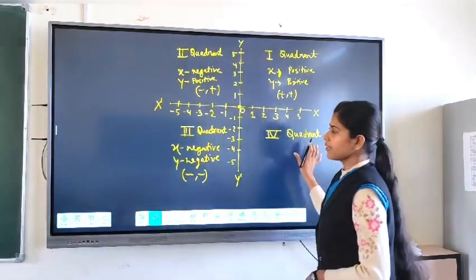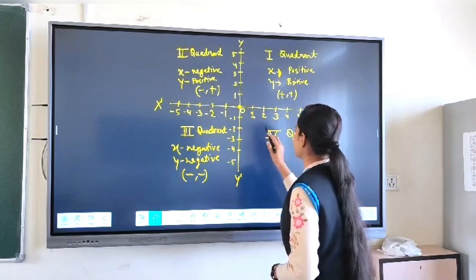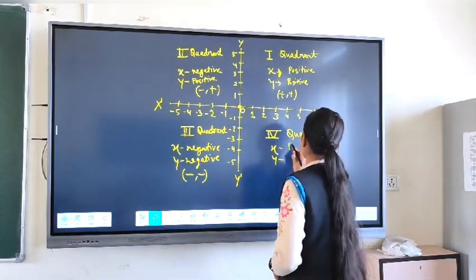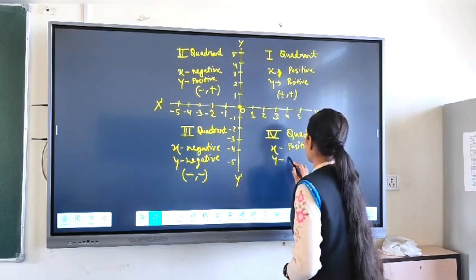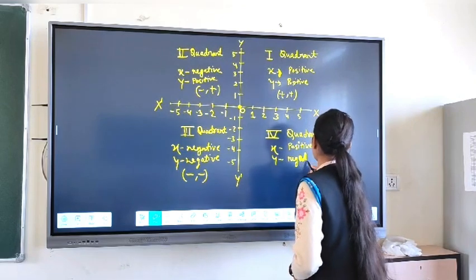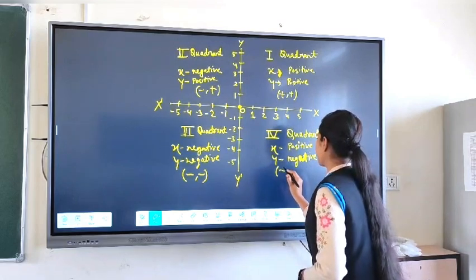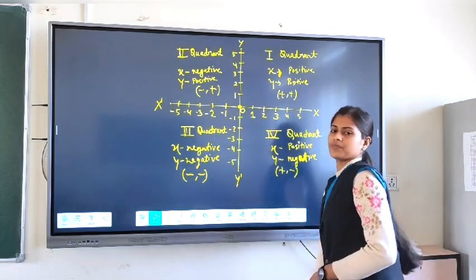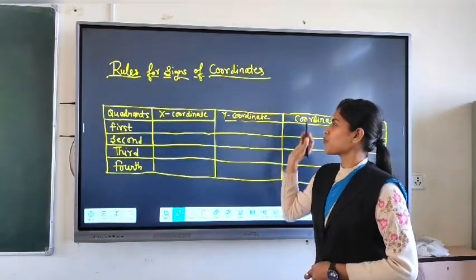In the fourth quadrant, what is x coordinate and what is y coordinate? So x is positive and y is negative. So what is the sign for fourth quadrant? Plus, minus.